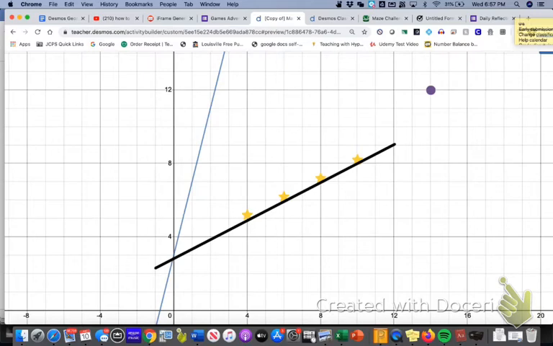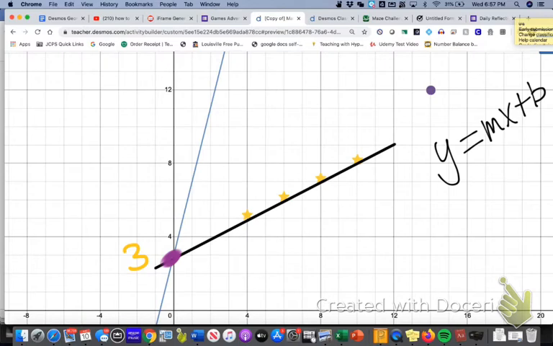So again, remember it's y equals mx plus b. So the first thing I noticed from my imaginary line here is that it hits the y-axis right here at 3. So based on my equation, I don't need to change the y-intercept that was already there.